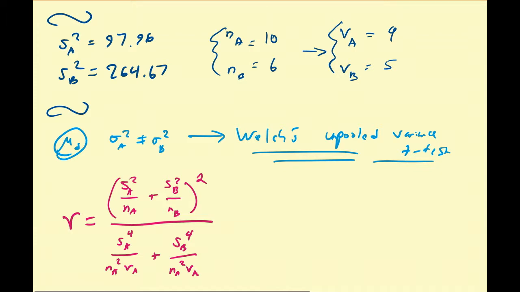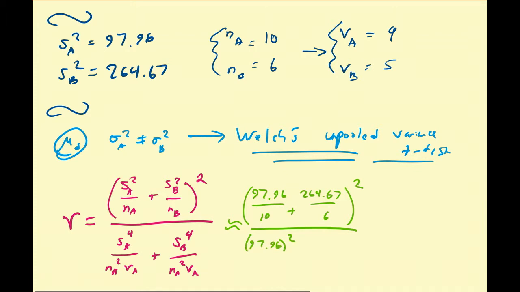So if we plug in all our values, we're going to get that this is approximately equal to, for the top, 97.96 divided by 10 plus 264.67 divided by 6, the quantity squared, all over 97.96, the quantity squared, because this is already squared in here, and 2 times 2 is 4, all over the sample size of A, which is 10, squared times the degrees of freedom, which is 9, plus 264.67, the quantity squared, all over 6 squared times 5.